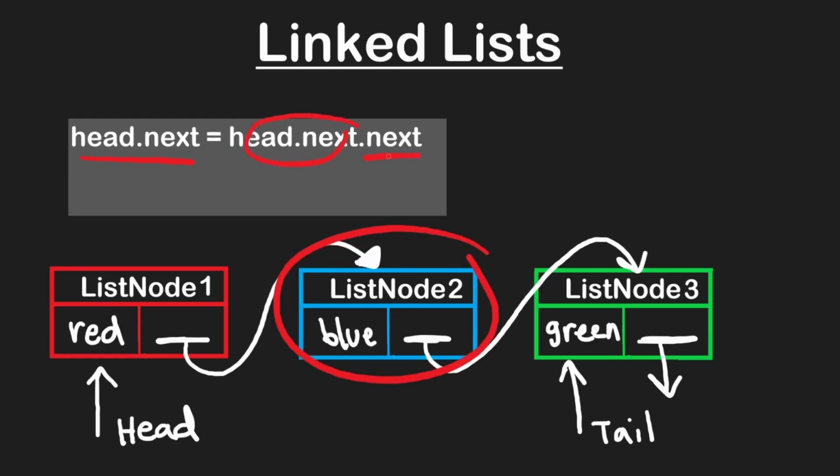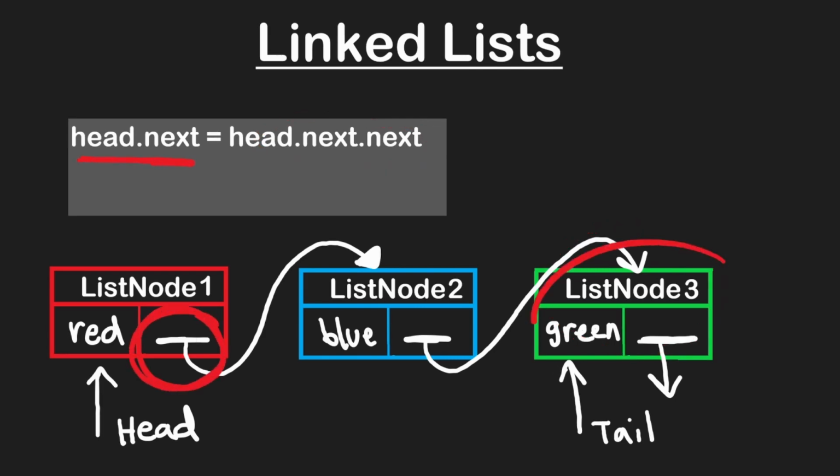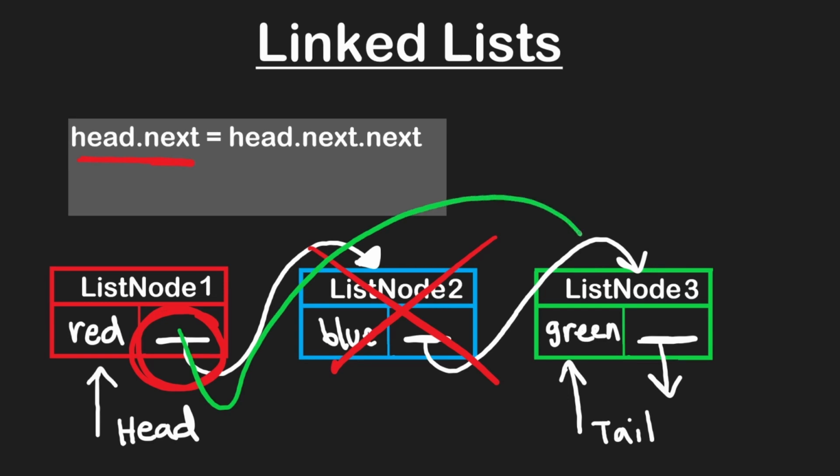And then if we say .next one more time, we're following this pointer to the third node. So what we know is this evaluates to the third node. So when we say head.next, which is this pointer, is pointing at the third node, we're basically getting rid of this guy and taking this and setting it to the third node.